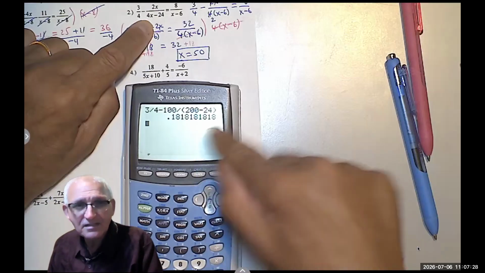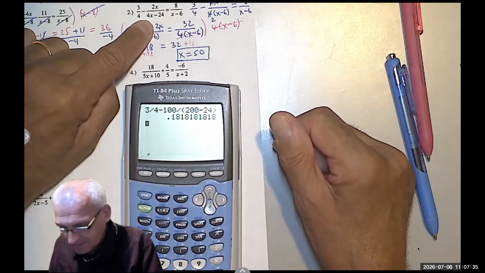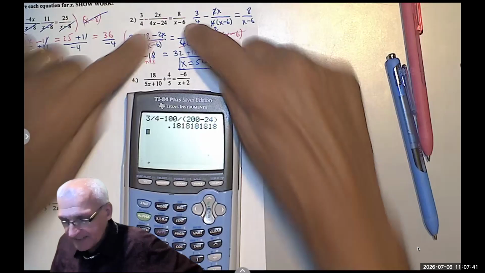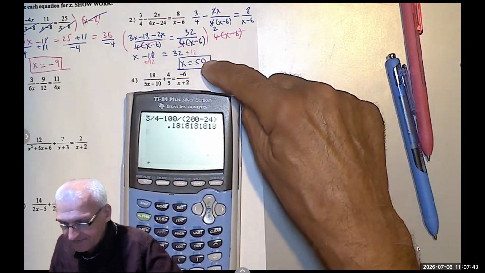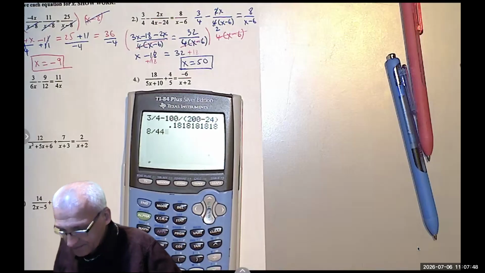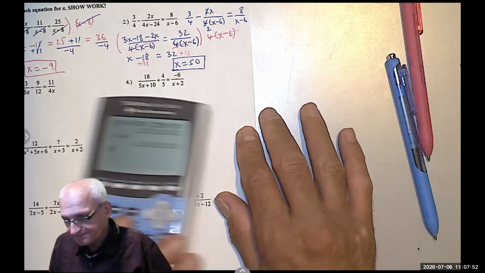What is that, by the way? Yeah, 18 over 99, which can be simplified as 2 over 11. Equals 8 over x minus 6. If x is 50, then 8 over 44. I get the same exact answer. So, a quick check.